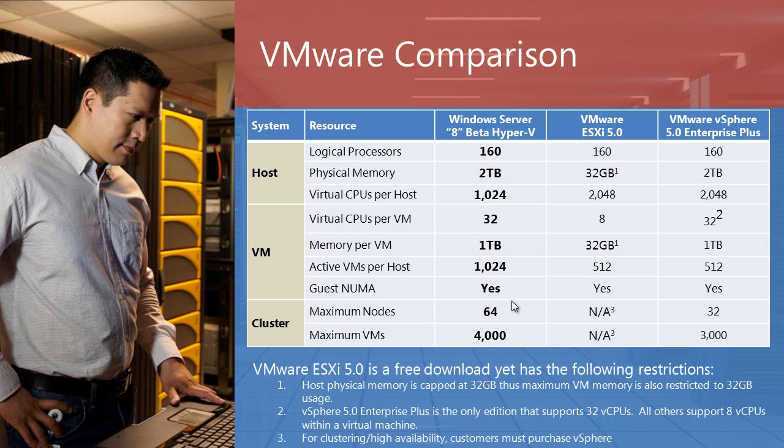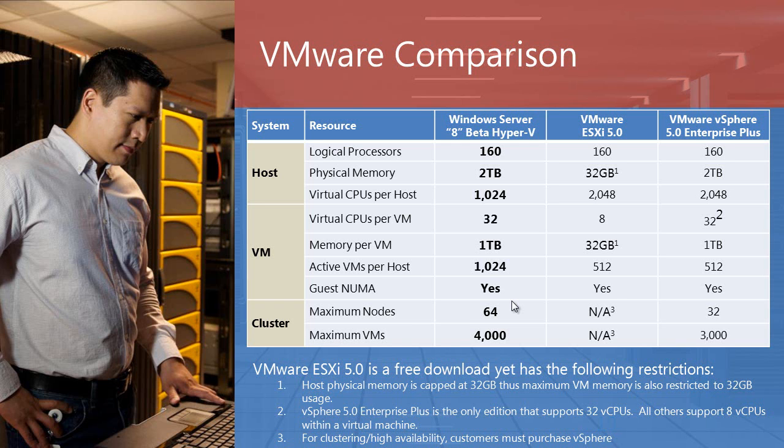Now, in terms of comparison to VMware, to get the equivalent scalability that we have with Windows Server 8 Beta Hyper-V, you really have to get into VMware vSphere 5.0 Enterprise Plus Edition, where you've got 2 terabytes of physical memory on the host and 2,048 virtual CPUs per host.